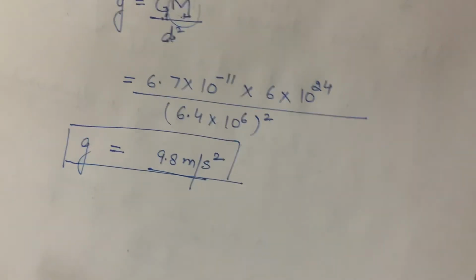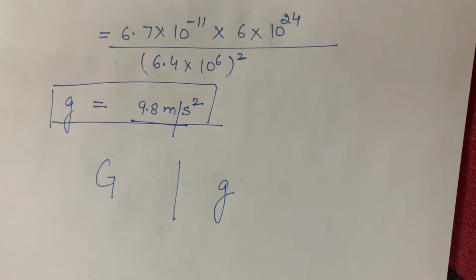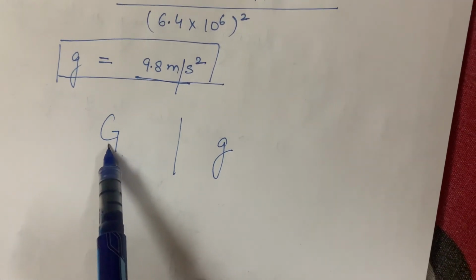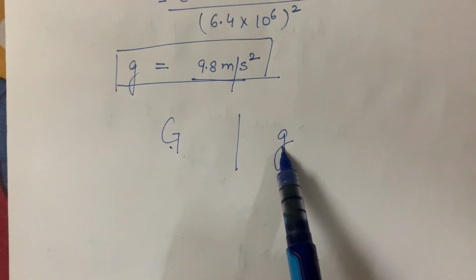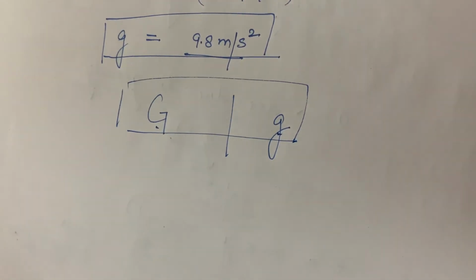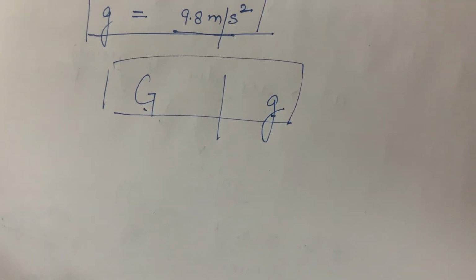Do remember that there is a difference between capital G and small g. Capital G is the universal gravitational constant and small g is acceleration due to gravity. Even in the notes, I have tabulated the difference between capital G and small g. You can read that difference from there.